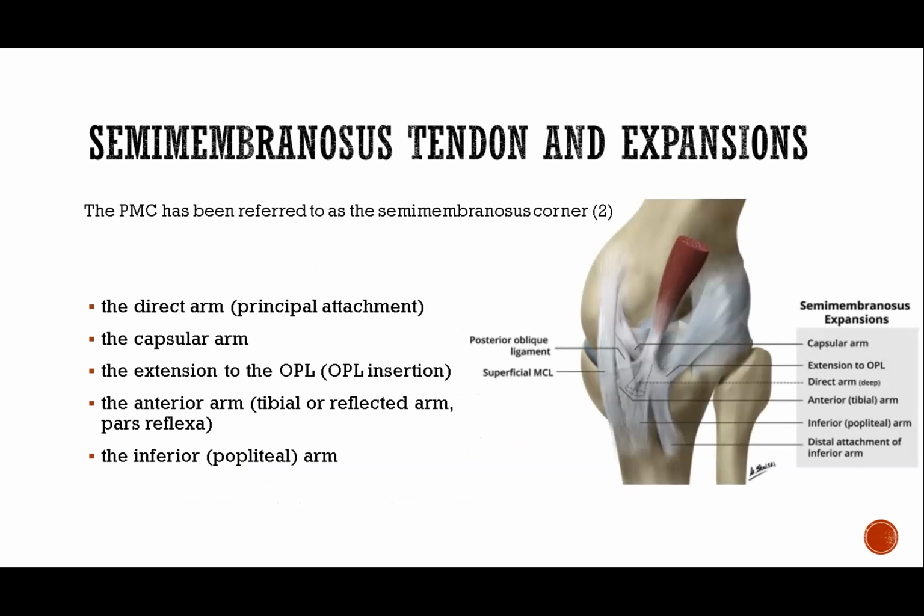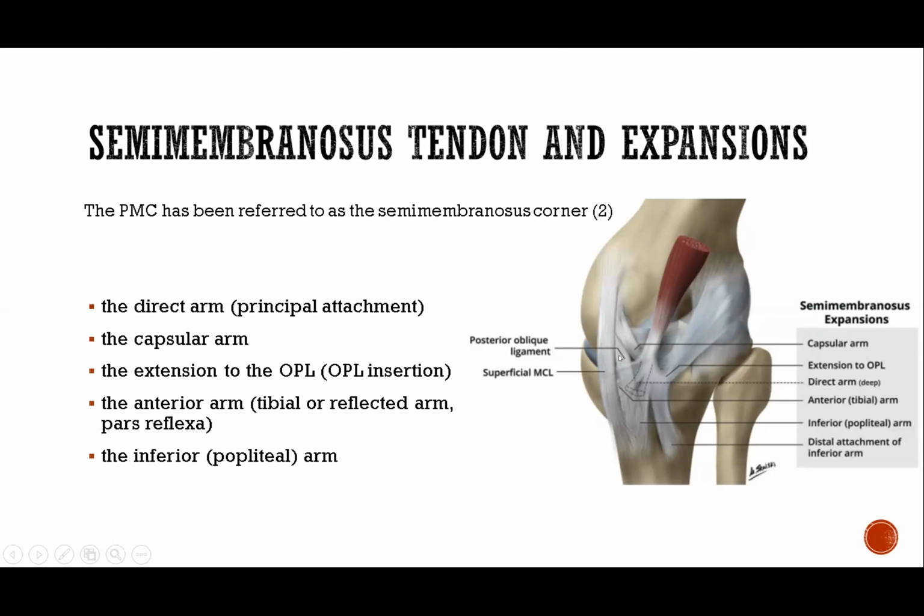So the semimembranosus tendon, as I already told, is also referred to as the semimembranosus corner. Coming to its important structures, this is the semimembranosus tendon, a direct arm getting attached deep to the POL. So this is the superficial MCL.